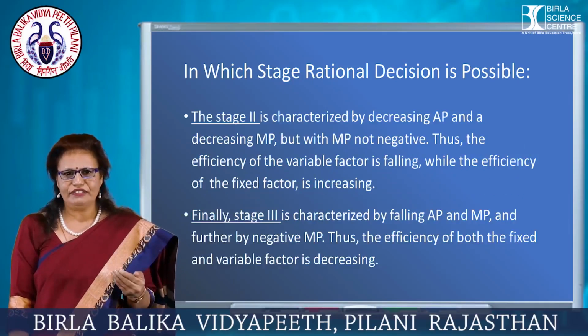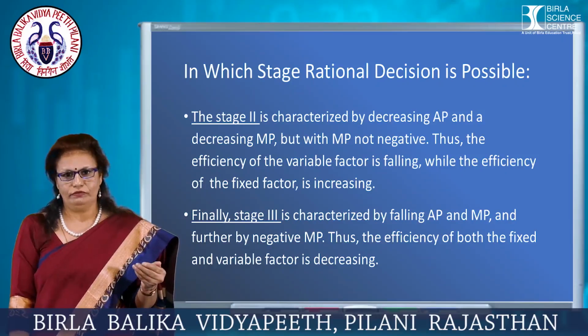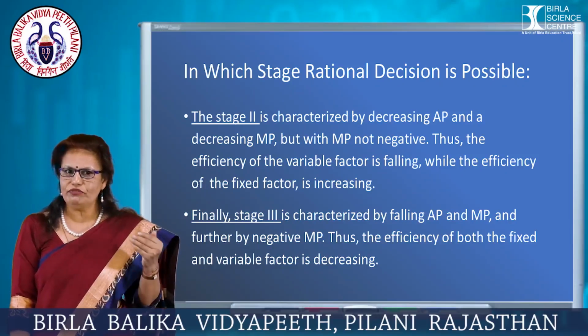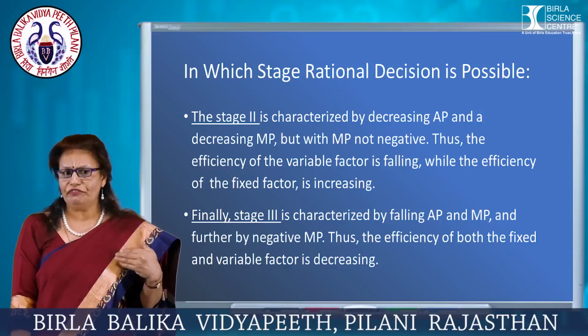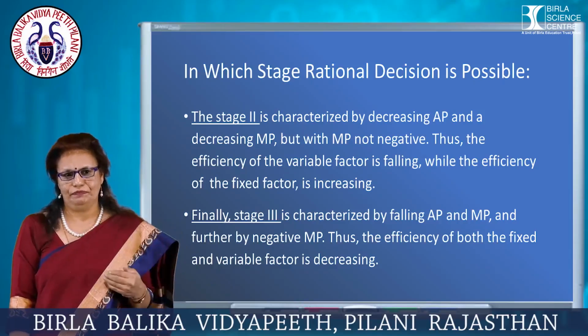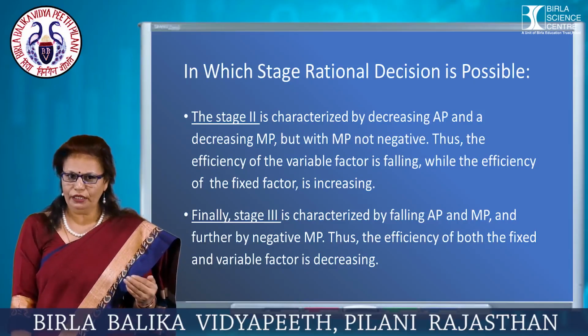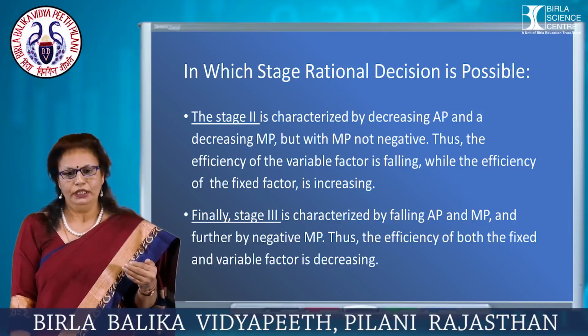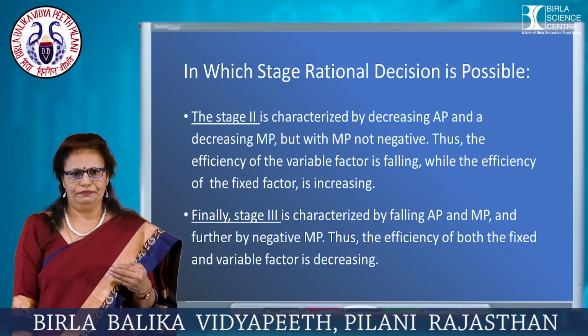In the second stage, which is characterized by decreasing AP and decreasing MP but with MP not negative, the efficiency of the variable factor is falling while the efficiency of the fixed factor is increasing. Finally, stage third is characterized by falling AP and MP and further by negative MP. Thus, efficiency of both the fixed factor and the variable factor is decreasing.